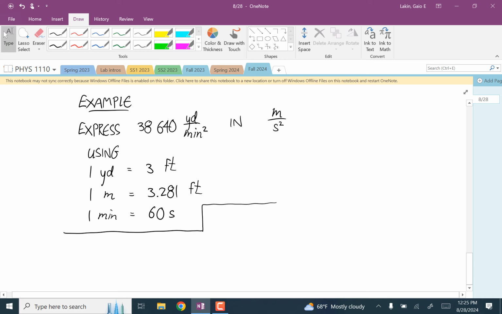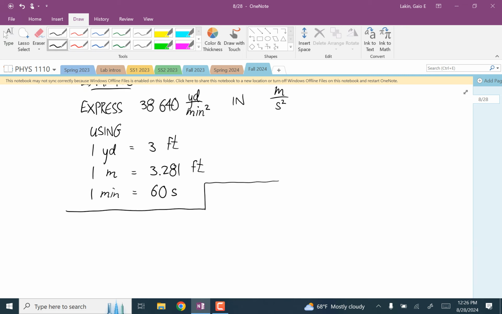So the one thing that's different here is this minutes squared. I'm going to write that as minutes times minutes, okay? And you just have to remember that we have to cancel both of those minutes out and replace them with seconds, okay? So we're going to have to do that one twice.